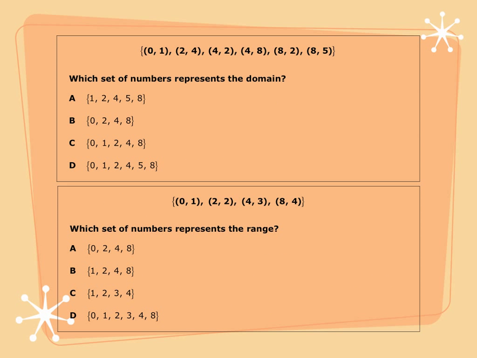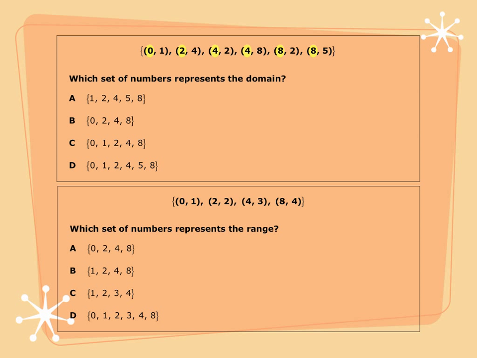If you look at this example, it says which set of numbers represents the domain. Domain means we're talking about the x values in each ordered pair. So I'm going to go ahead and highlight my x values. They would be 0, 2, 4, 4, 8, and 8. When a domain or range value is repeated, like here I have 2 4s and 2 8s, I do not need to write them repeated when I am just stating the domain of a relation.